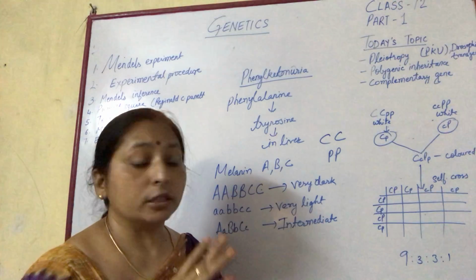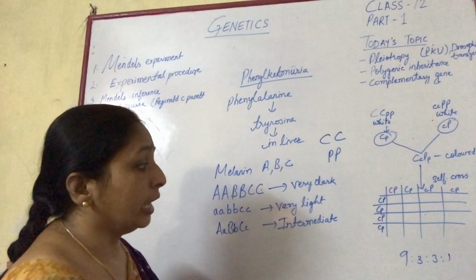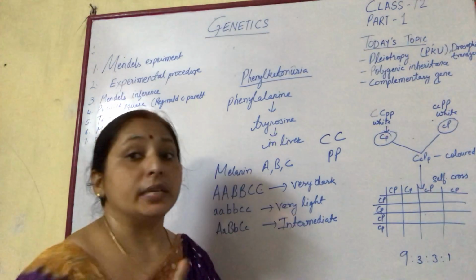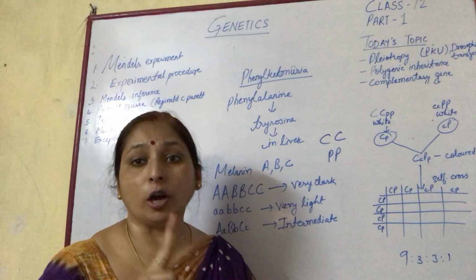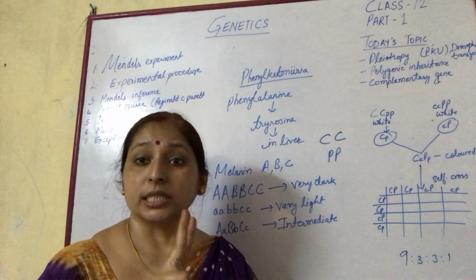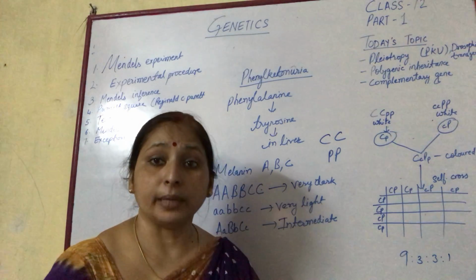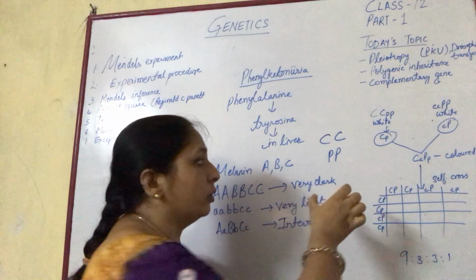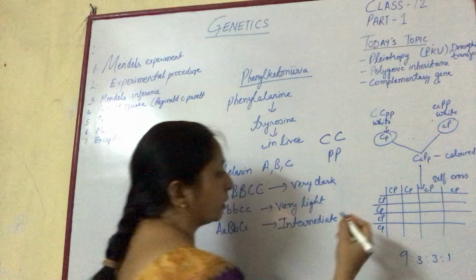When we make a cross between these, if C or P is not present in a dominant form, both small, while the other may be capital or small, then only the white colored flower is shown.